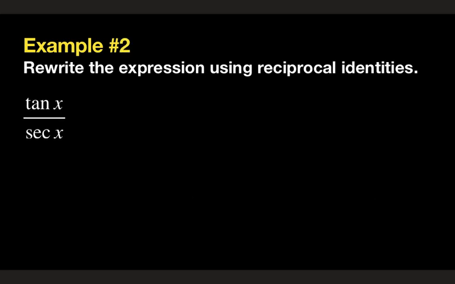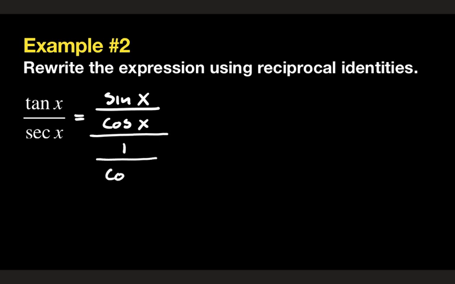Let's look at example 2. So we're going to use the different identities to rewrite this. And yes, we're going to use reciprocal identities, but we also need to use your quotient identities. So we're going to rewrite this as sine x over cosine x. And then this is going to be divided by 1 over cosine x.